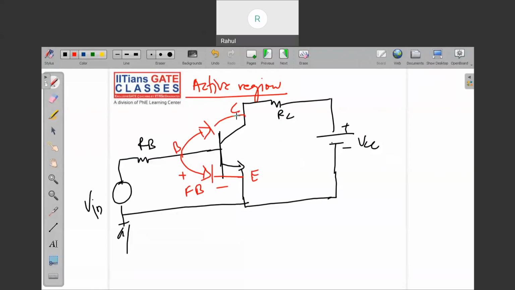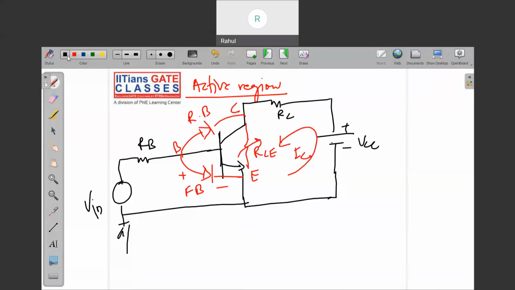The voltage between base and collector, this junction will be in reverse bias, okay, and there will be a current. You can change the resistance RCE, and RCE will be varying accordingly, your IC will vary, understand? As you change the load, your current is also varying, okay.